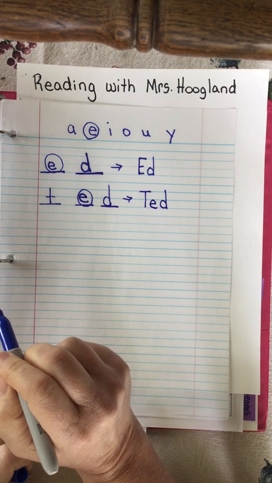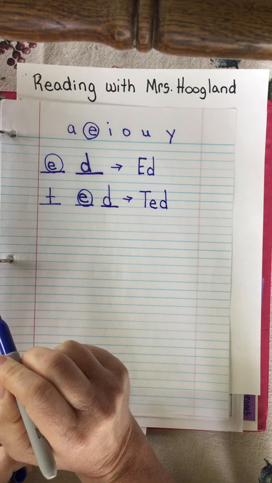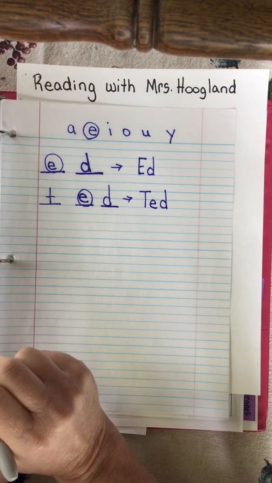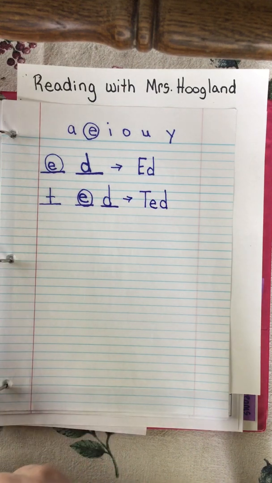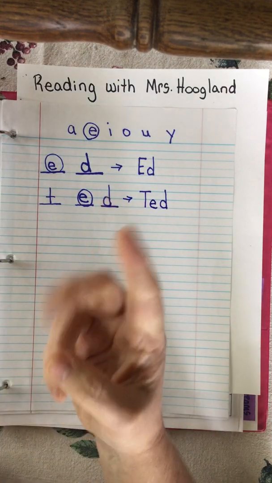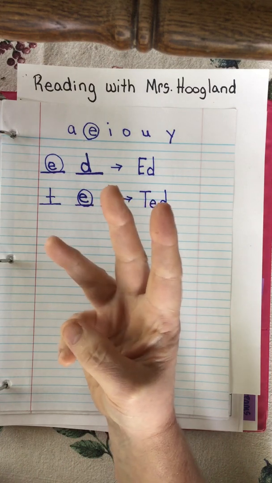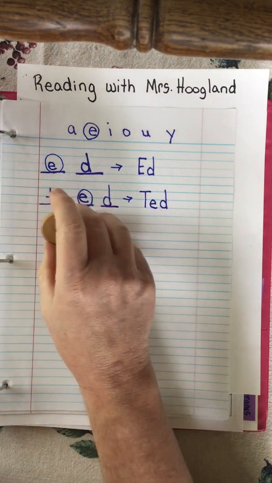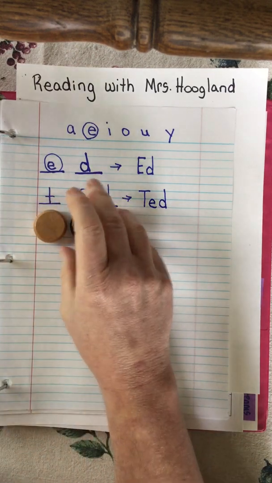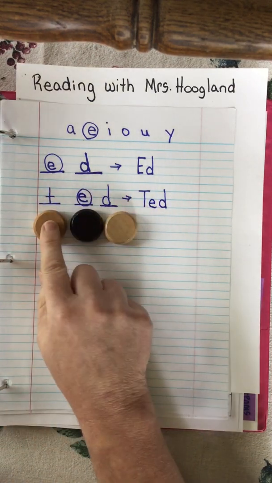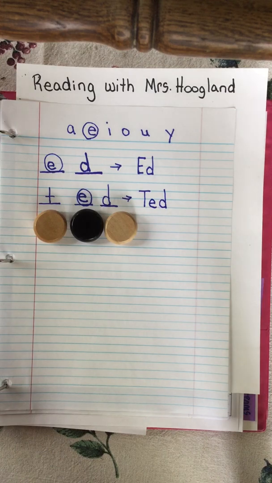Okay, the next word we have is let. How many sounds in let? Say let for me. Et. I heard that eh sound again, and it's in the middle. Ready? Let's write.